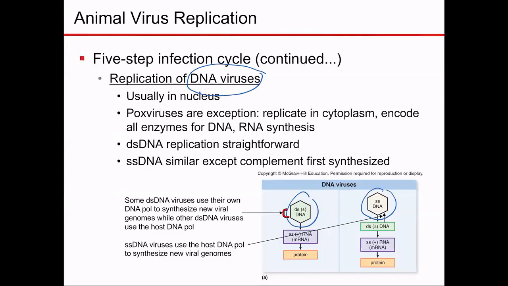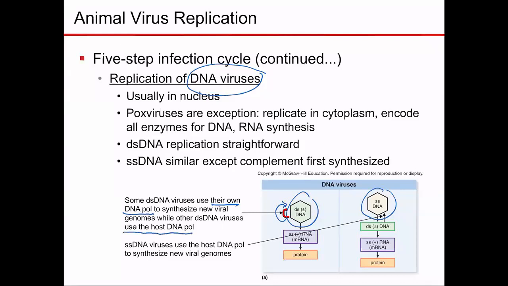A virus that brings double-stranded DNA is usually a virus that can bring their own DNA polymerase to replicate that viral genome. Now, there are some double-stranded DNA viruses that may use the host DNA polymerase to replicate.